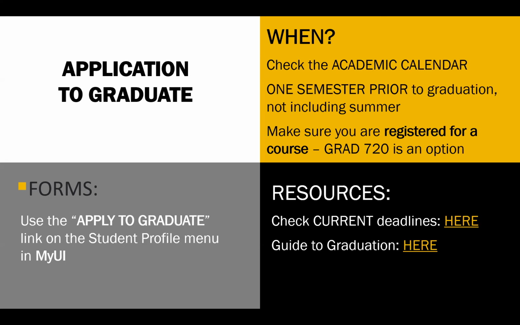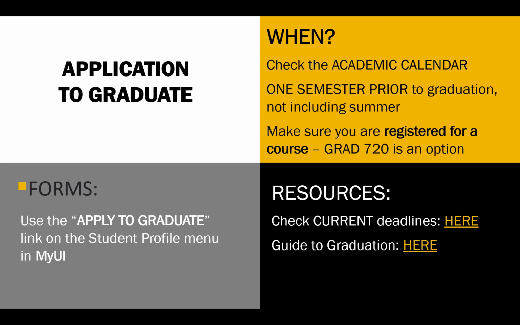The form does need to be approved by your major professor. You can't just randomly say it. But there's a section when you're applying to graduate called your ceremony walkthrough, and you can choose that even if you're not quite done. If you're going to finish up in the summer, you can still walk in the spring, or if you finish up in the summer, you could walk in the fall. But you need to be registered when you apply to graduate.